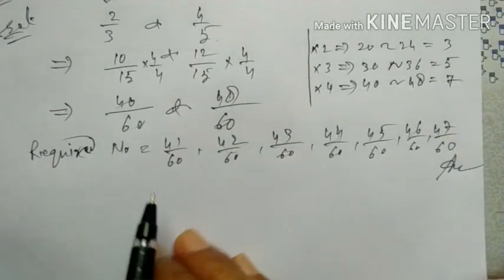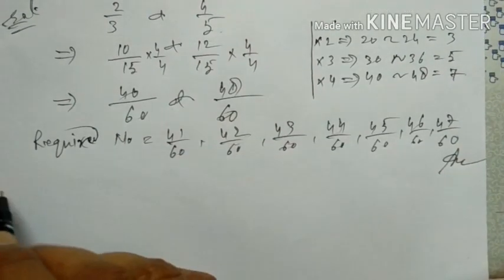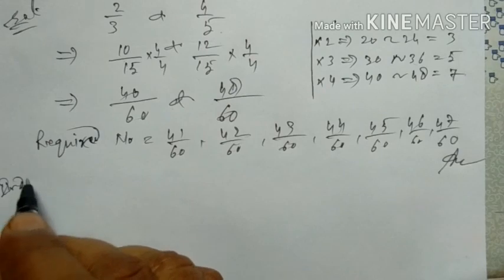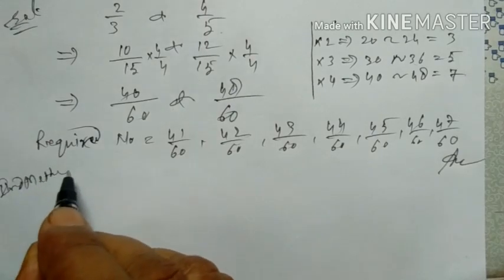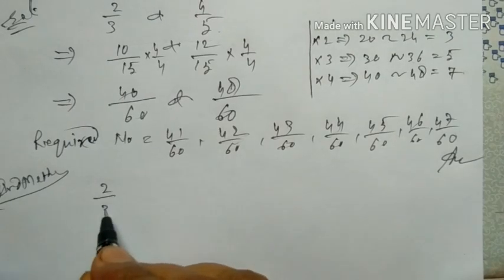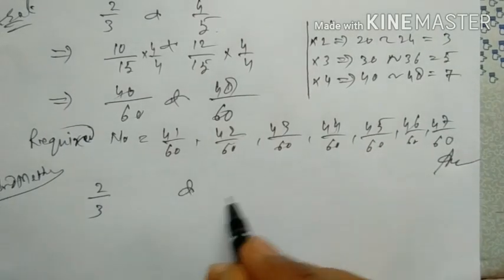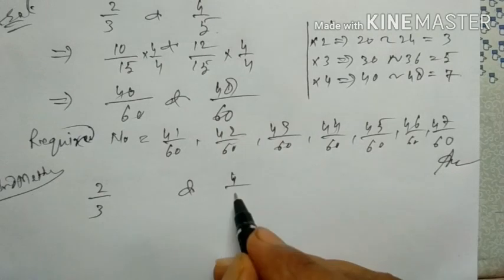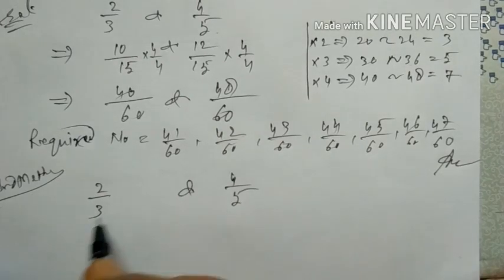And you can solve this question by another method. Second method, the alternate method. You can write 2 by 3 and 4 by 5.